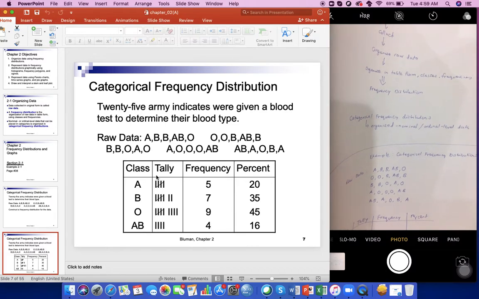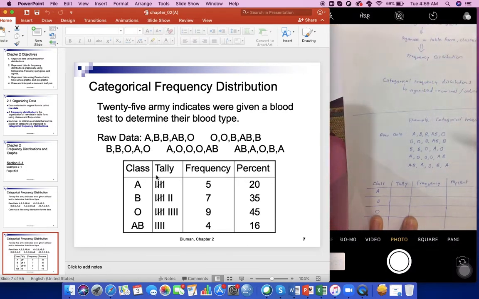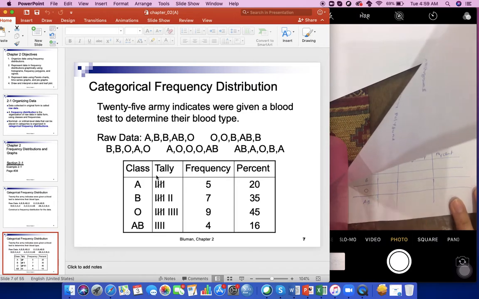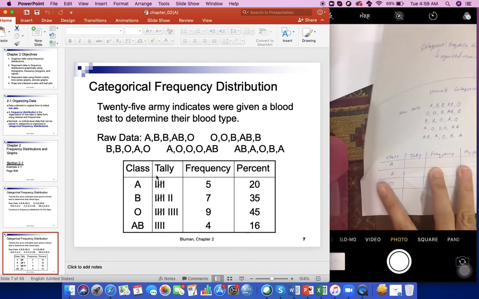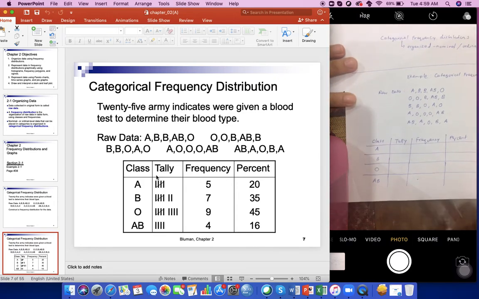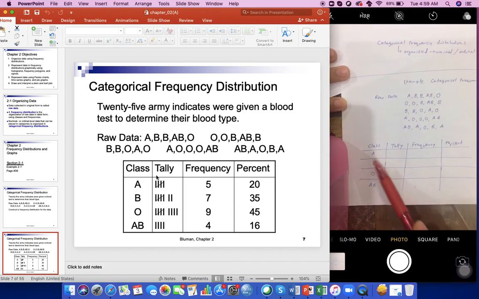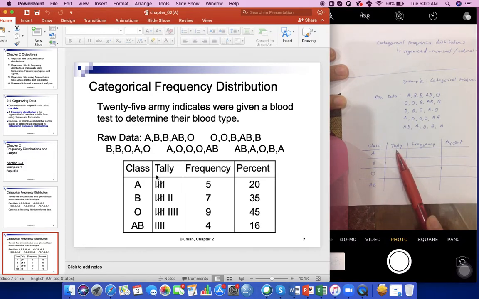To construct it, the first step is we need to classify the classes first. The classes of the blood are blood type A, B, O, and AB. And then we use tally, and then we calculate the frequency, and the last one is the percent.